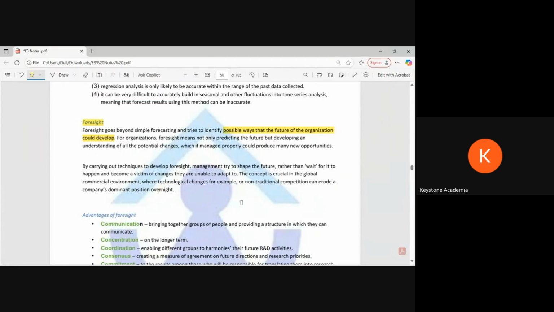So one opportunity, or one thing we can do at Cewmlator, being one of the top 3, is we can create the future of our company, and ultimately it will be the future of the industry. So foresight means not only predicting the future, but developing an understanding of all the potential changes, which if managed properly could produce many new opportunities.